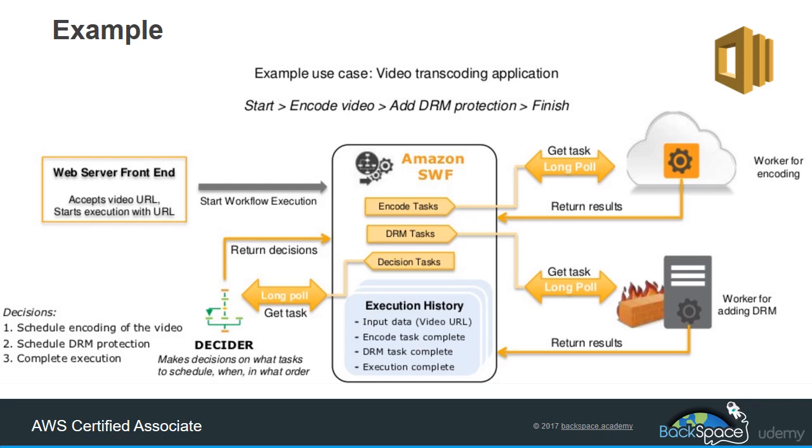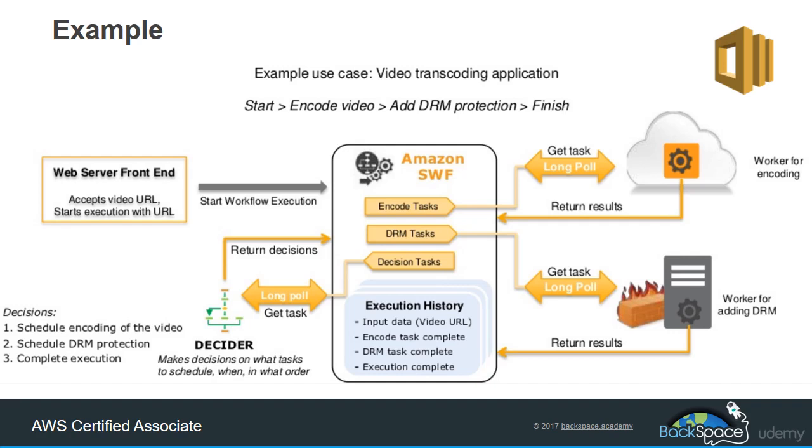So we have actors, as we remember from the previous slide. We have workflow starters, we have workers, and we also have decider actors. At the start of our process, in the middle there, Amazon SWF, we have encode tasks, DRM tasks, and we also have decider tasks that make decisions within that workflow.